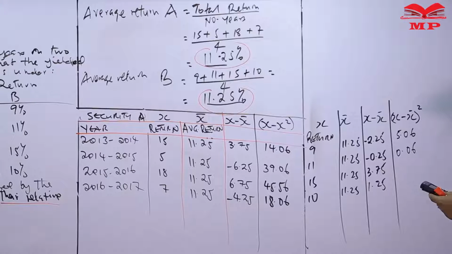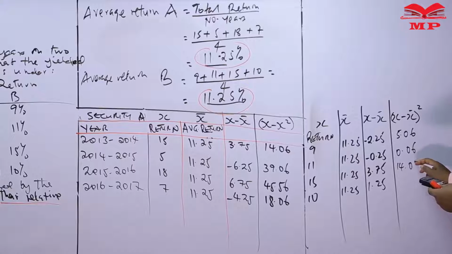Next, 3.75 square, 14.06. And lastly, 1.25 square is equal to 1.56.